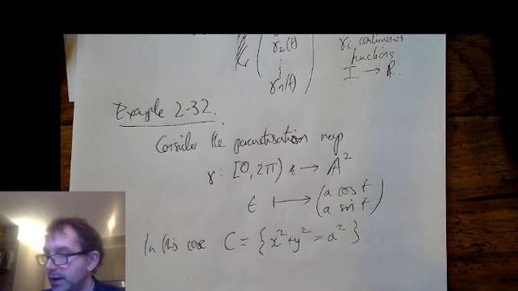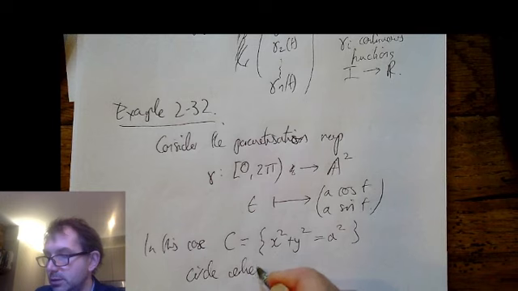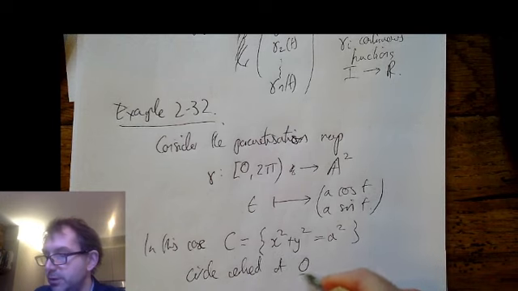And you'll recognise this as the equation of a circle centered on the origin with radius a, and this is indeed what we get. So a circle centered at the origin, radius a.